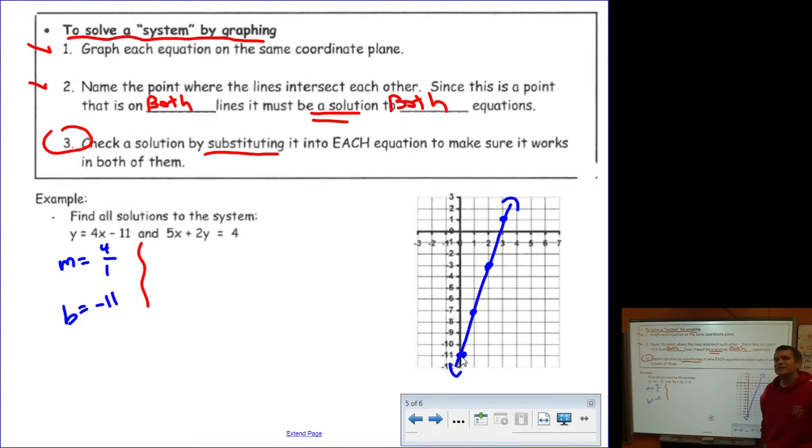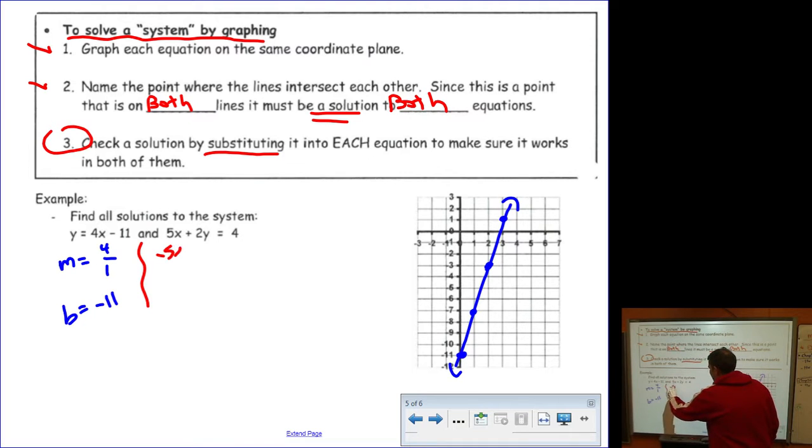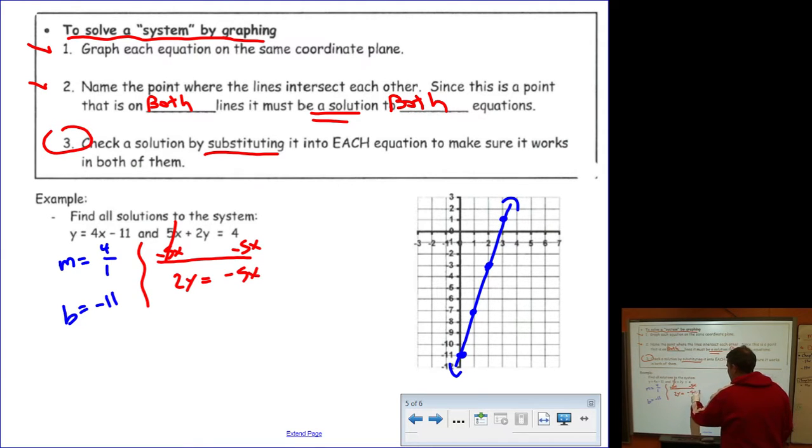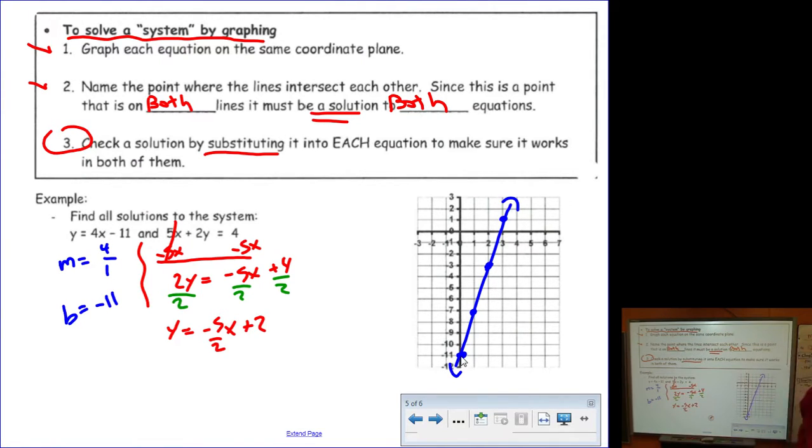The second equation is not in slope-intercept form, so the first thing I'm going to have to do is put it in slope-intercept form by getting the y by itself. Divide everything by 2, and I get y equals negative 5 halves x plus 2.